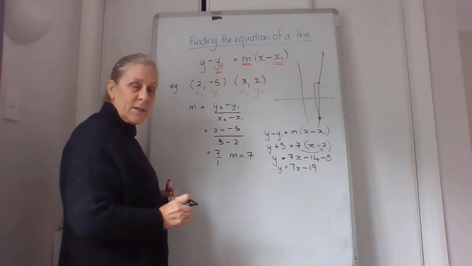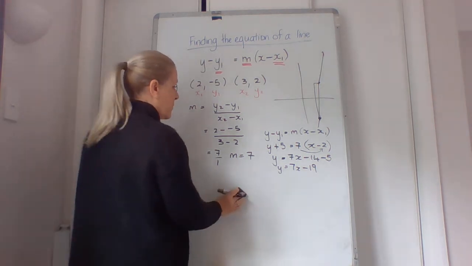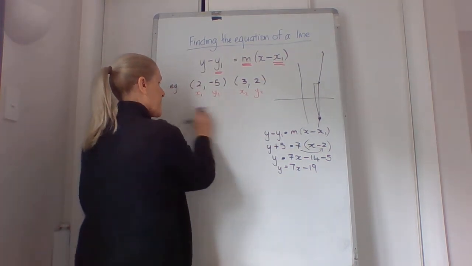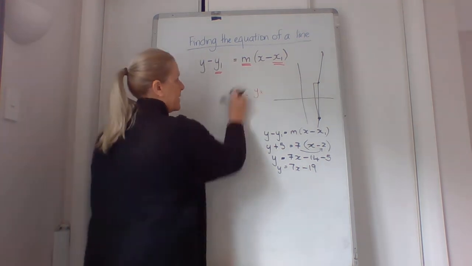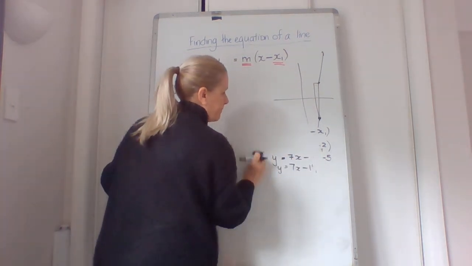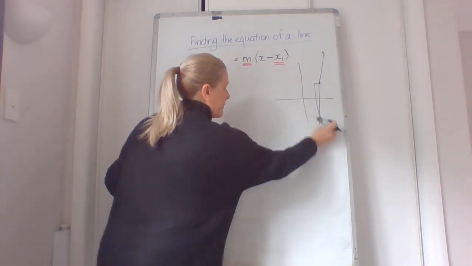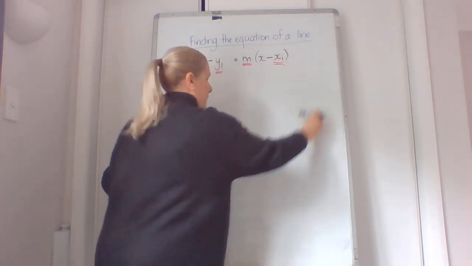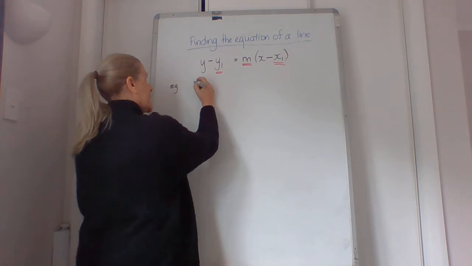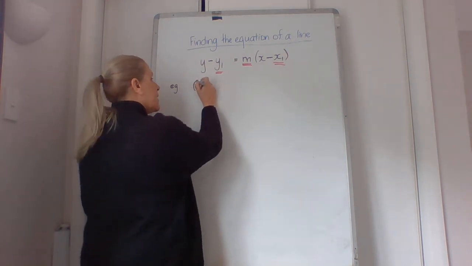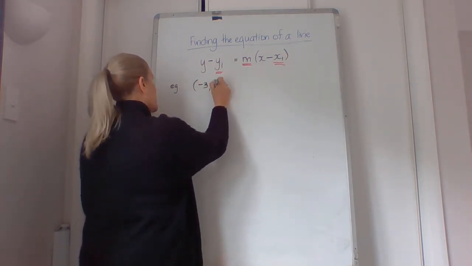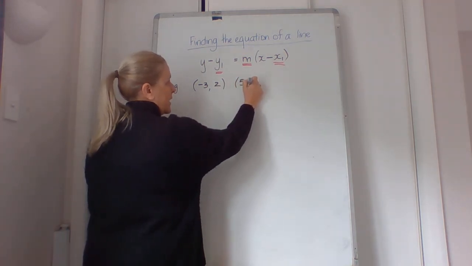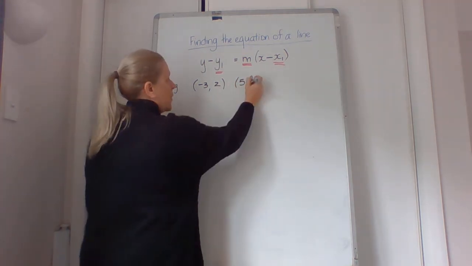Let's have another look at another example. So I'm going to rub this one out and do a different one. Okay, so let's say we've got -3, 2, and 5, 4.